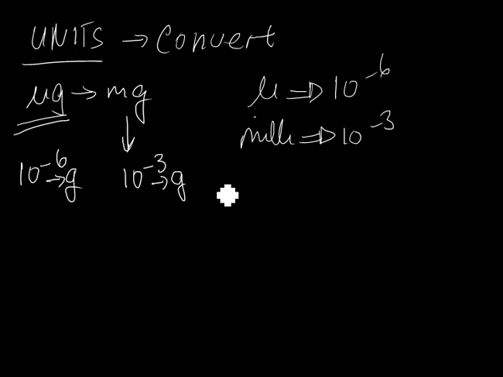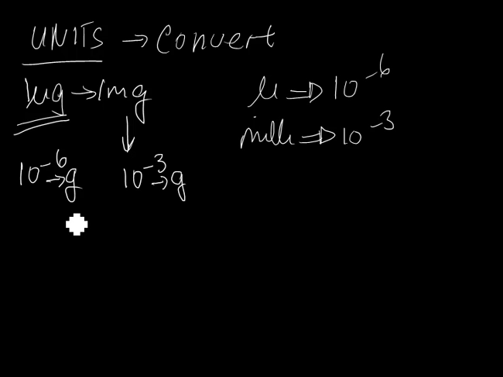So if I have to convert from micrograms to milligrams, the reference point is grams. When I say 1 microgram and converting it to 1 milligram, I'm saying that I need to convert from 10 to the negative sixth of a gram to 10 to the negative third of a gram, right? So what is the connecting link here?